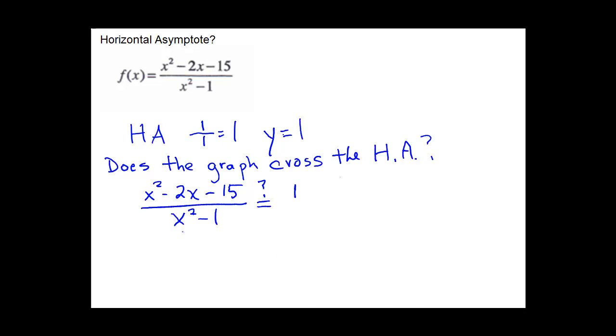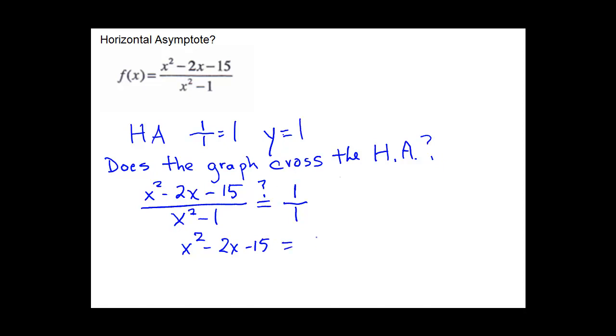A question that I like to ask here is, does the graph cross the horizontal asymptote? So set the function equal to this horizontal asymptote and solve. So we'll just make this 1/1, and you can use a proportion here. So this times 1 just gives us x squared minus 2x minus 15.